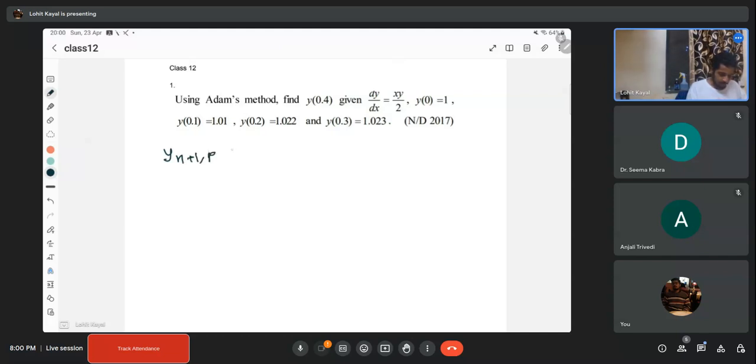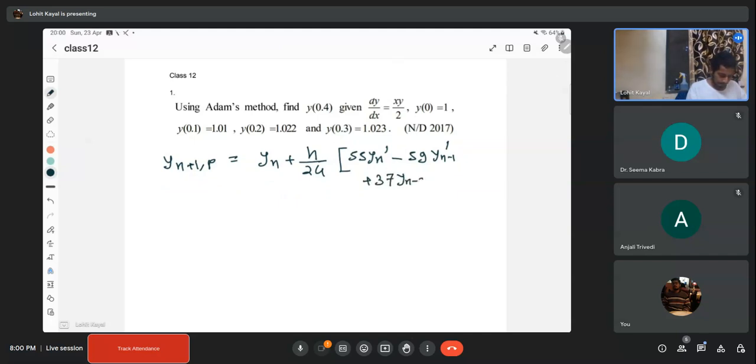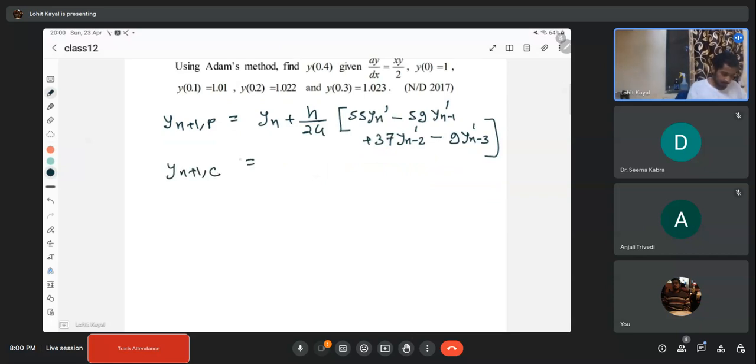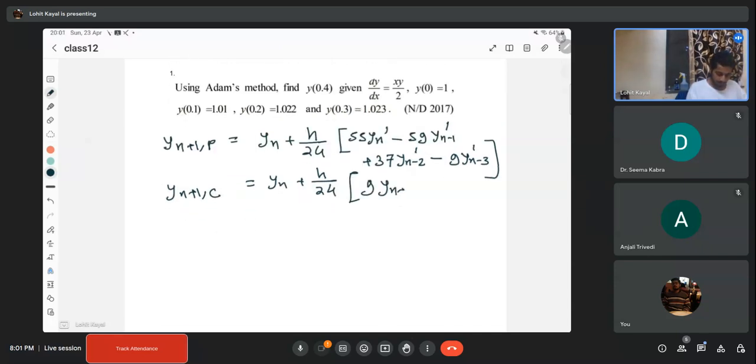So y(n+1) predictor, p, is equal to yn plus h/24 times (55 yn prime minus 59 y(n-1) prime plus 37 y(n-2) prime minus 9 y(n-3) prime), and y(n+1) corrector is yn plus h/24 times (9 y(n+1) prime plus 19 yn prime minus 5 y(n-1) prime plus y(n-2) prime).